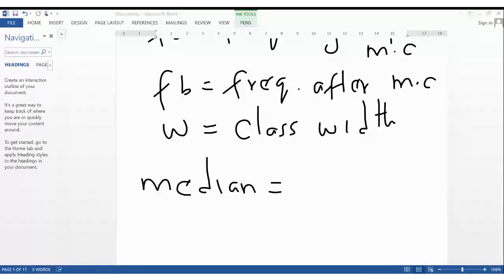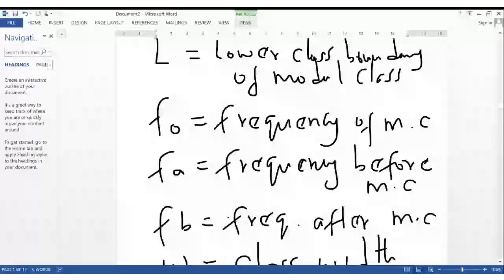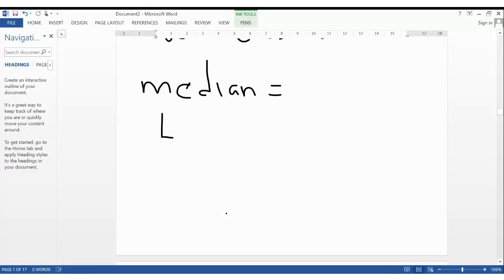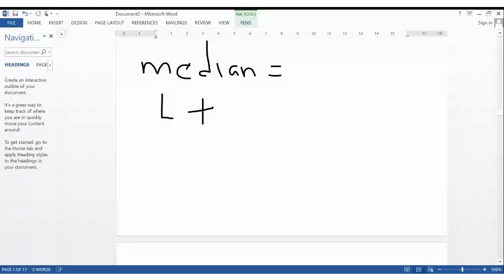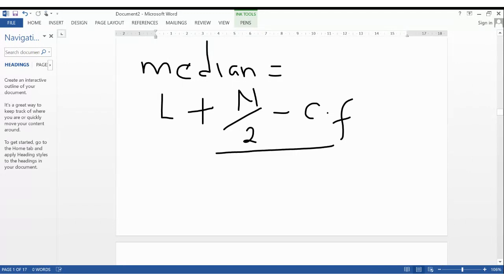I'll give you as L plus N over 2 minus cumulative frequency all over F, and then again times W. I'll not define W again.